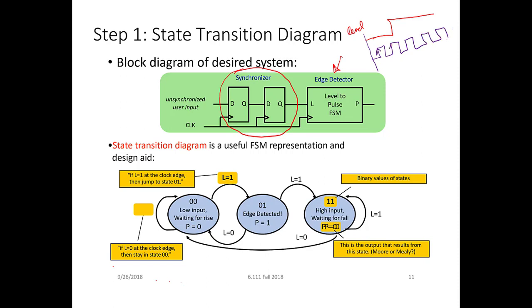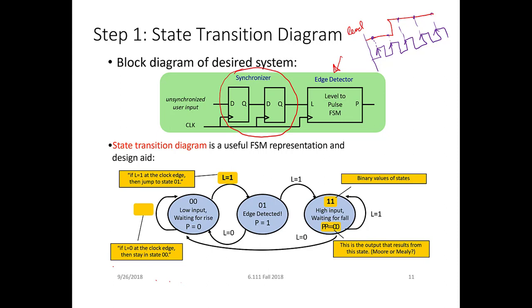So this is our positive edge, positive edge, positive edge, positive edge. So what are the options? What are the states? First option is that on a clock cycle I go and check the level and it is 0. I check again and it is 0. I check again and it is 1. I check again and it is 1. I check again and it's 1. So what should be the states?